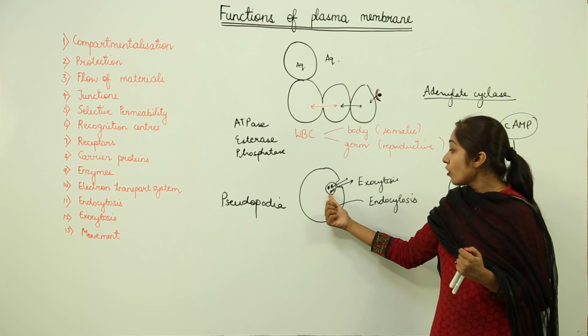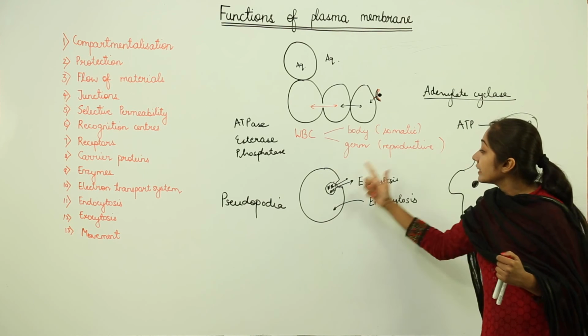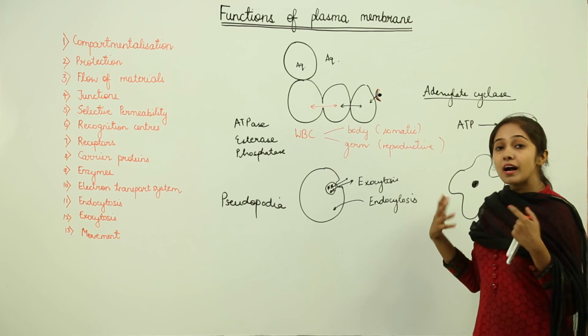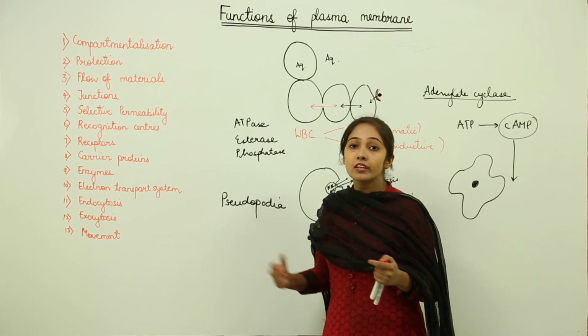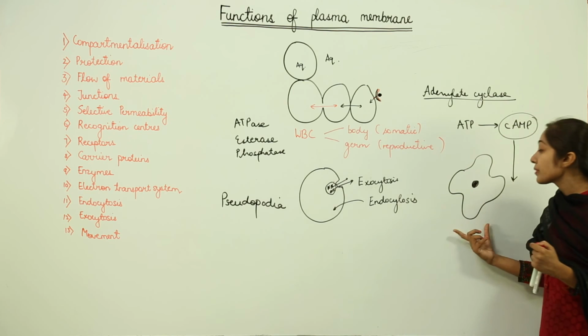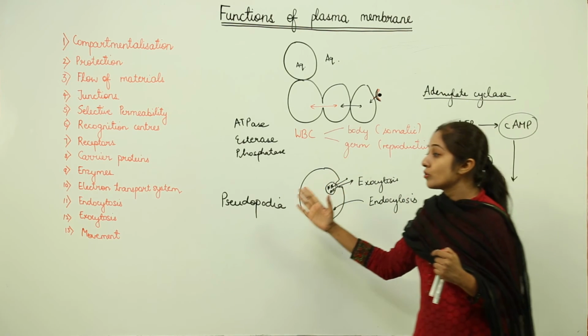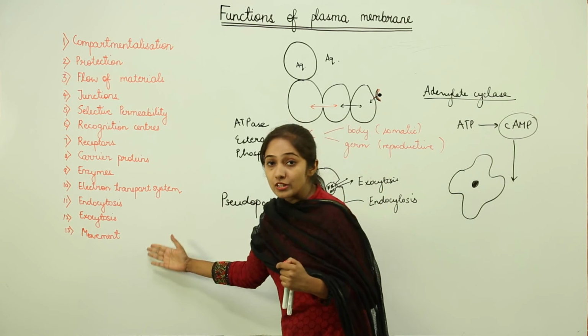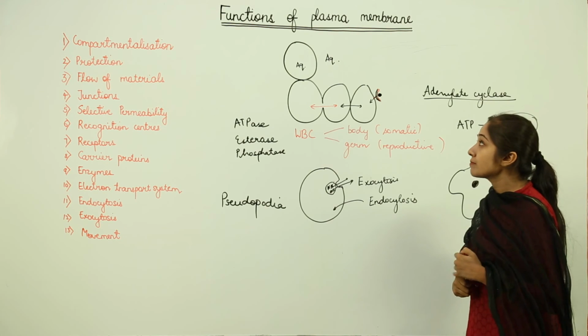So it is going to be secreted out by the process that we call exocytosis. And in bulk, if some material is going to enter, it is by endocytosis. Then in certain organisms, for example unicellular amoeba, the membrane is going to help form pseudopodia, which is going to help in movement of the organism. So these are the few functions that we have discussed about the plasma membrane.